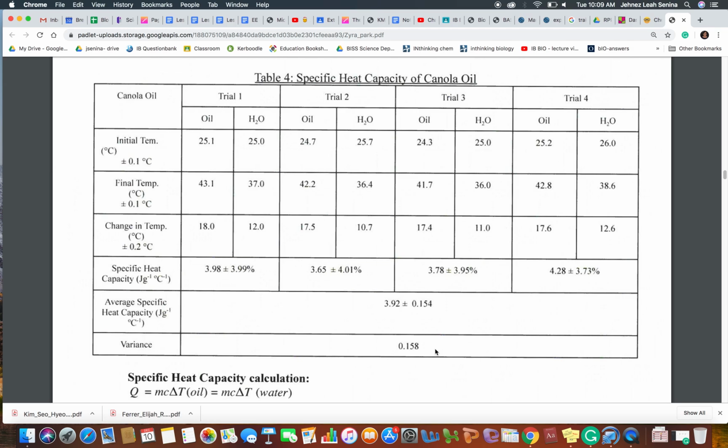Whenever you add or subtract, you add the absolute. Like this one, temperature. You just subtracted, right? So you just added 0.1, 0.1. It became 0.2. For specific heat capacity, you multiplied and divided. So instead of just adding the absolute uncertainty, you calculated the percent uncertainty first and added them all up. That gave you 3.99.